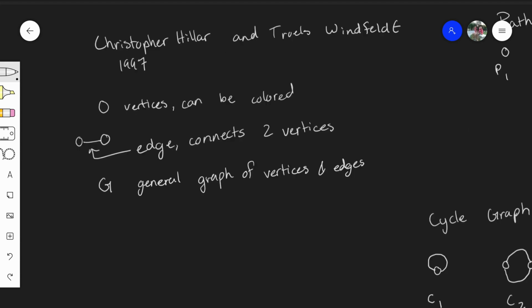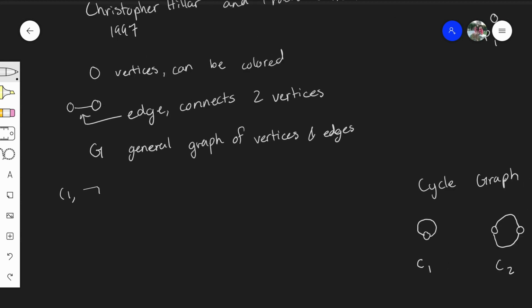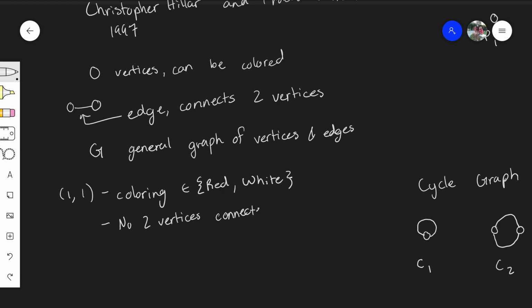Now with that out of the way, we're going to be coloring in a very particular fashion. We are going to do 1-1 coloring. And the rules of this coloring is that we only have the colors red and white. So every vertex must be either red or white. However, there's a certain rule. No two vertices that are connected by the same edge can be red.